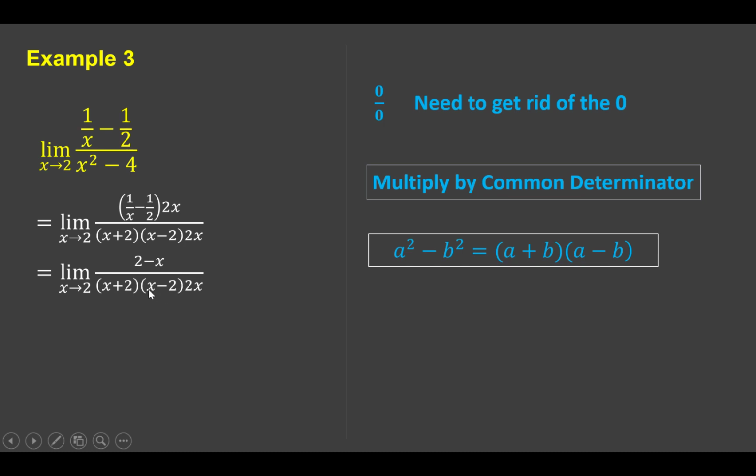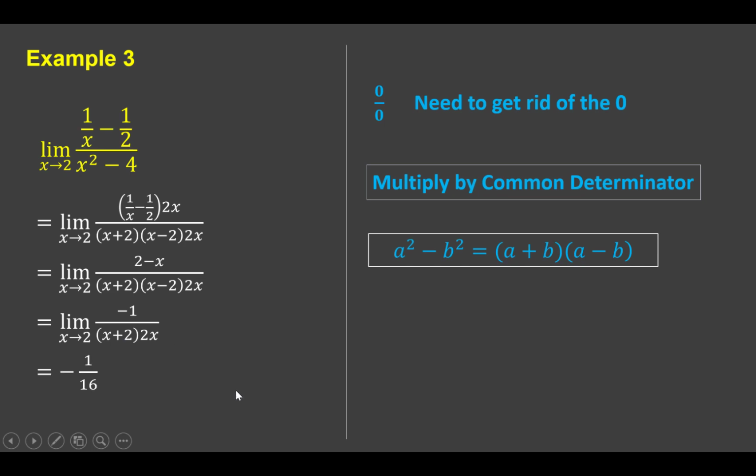Notice also x minus 2 is exactly the reason why you have a 0 over 0 type. Once you cancel out, it's no longer 0 over 0. So you get minus 1 on the top. On the bottom, you have x plus 2 and then 2x. Now at this stage, you can just substitute x equals 2, and it's no longer 0 over 0 type, and you get the final answer.